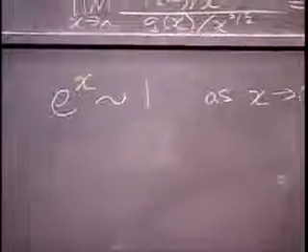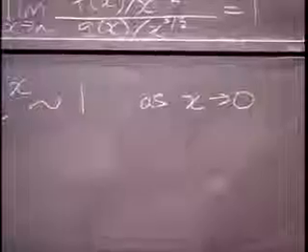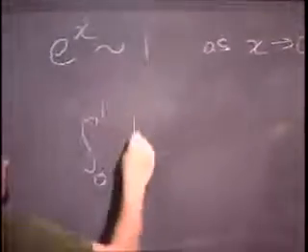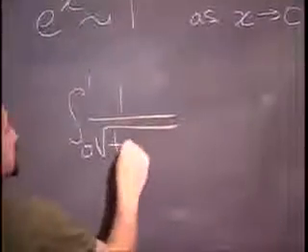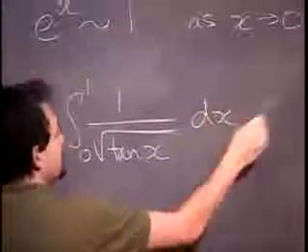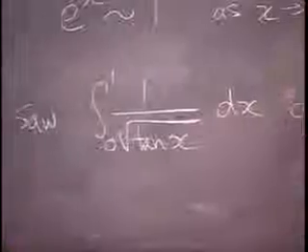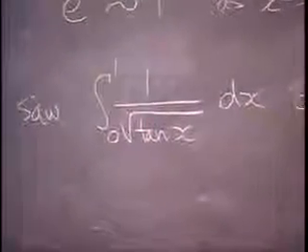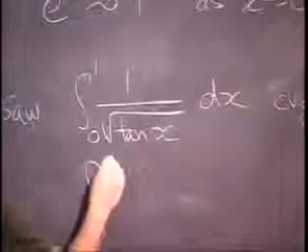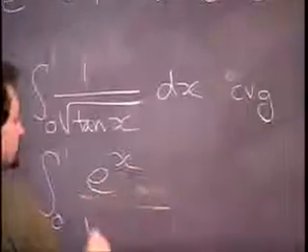The fact is, if I took any of the previous examples, let's say, take this example, we saw that this one converges. We saw this converges just on this board over here. What if the problem was just e to the x over root tan x?